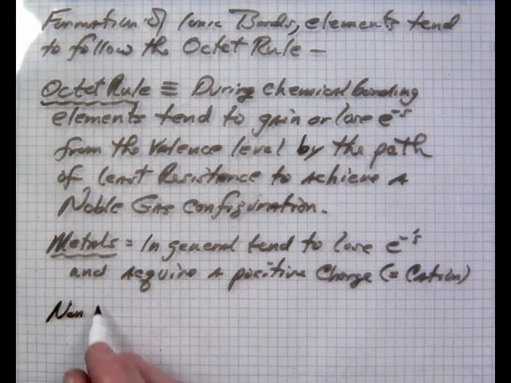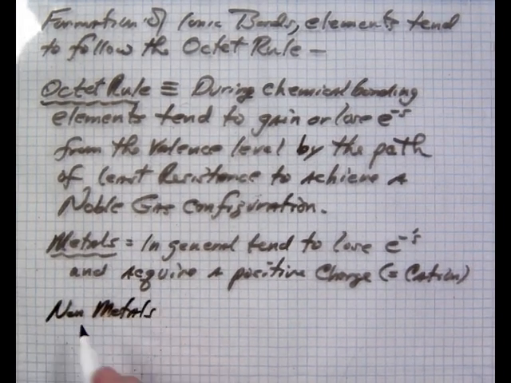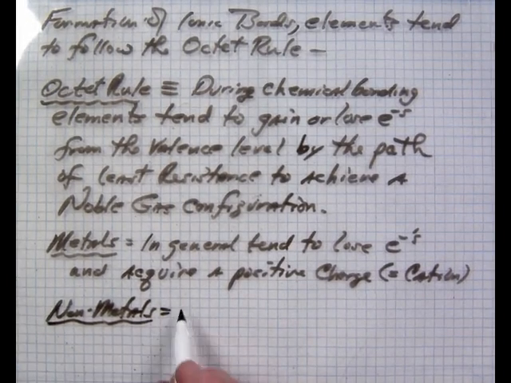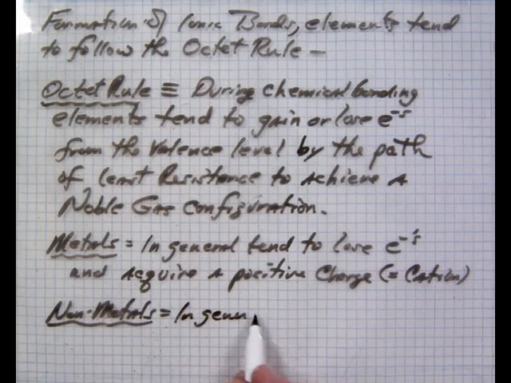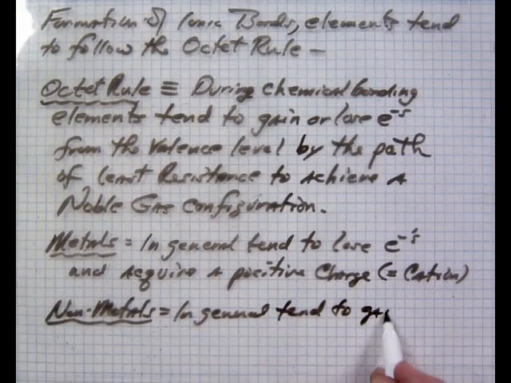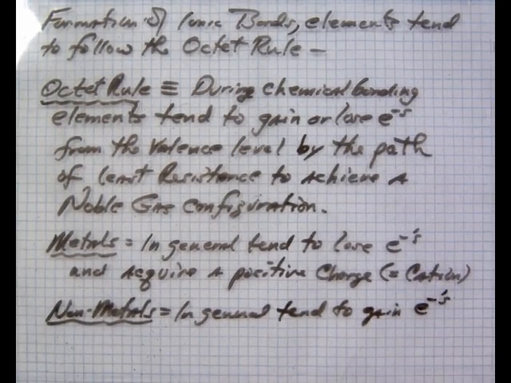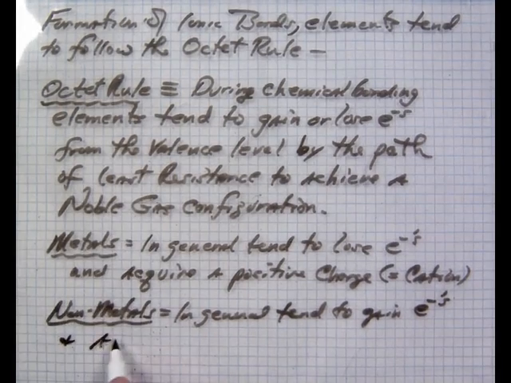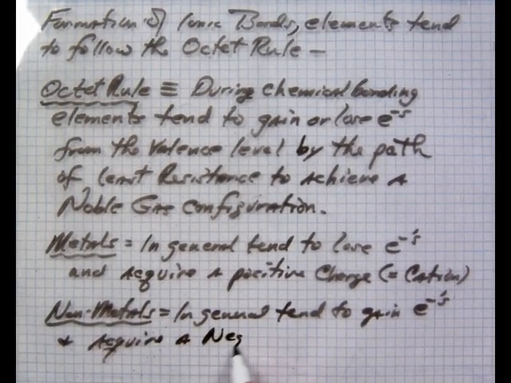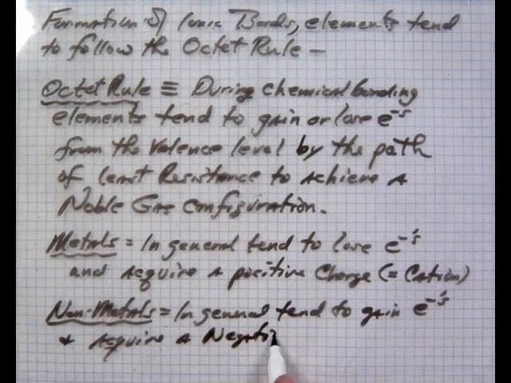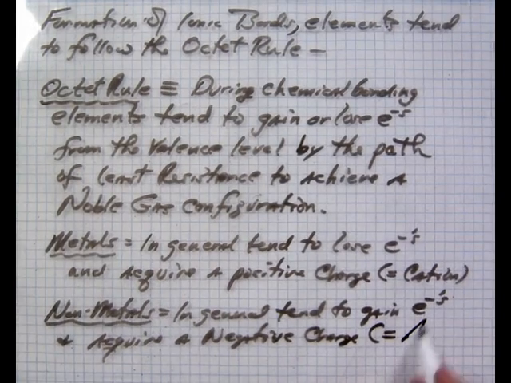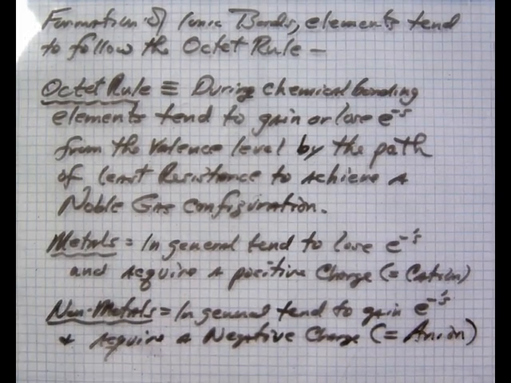Nonmetals on the right of the periodic chart in general tend to gain electrons and acquire a negative charge, and are referred to as, of course, the anion.